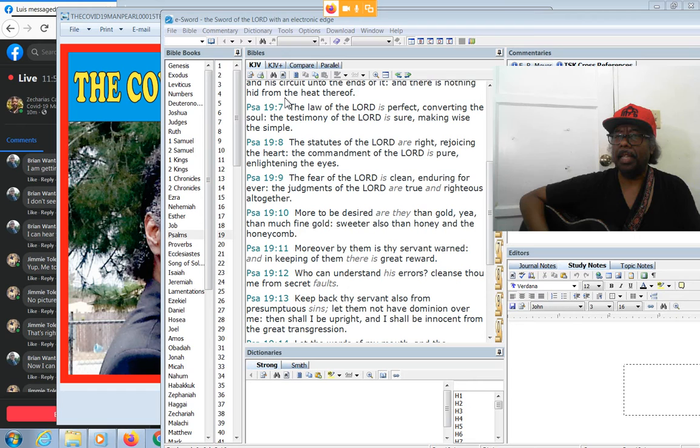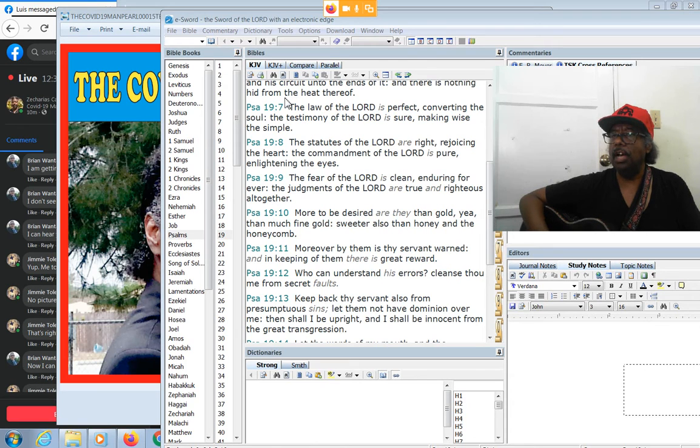More to be desired are they than gold, sweeter also than the honey and the honeycomb. The fear of the Lord is clean, enduring forever.